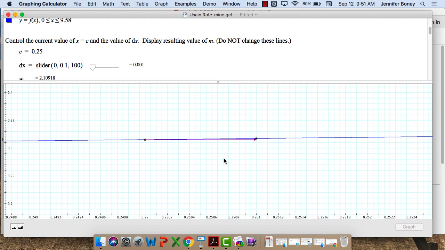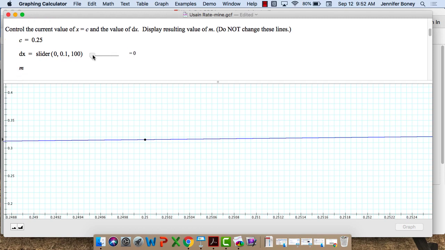In any case, I can think about letting dx vary from 1/100th or 1/1000th to 1/10th and anywhere in between. At 0, you're not going to get a value for the m, but let's see if I can get this to 0.001.